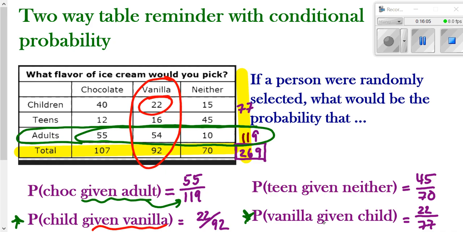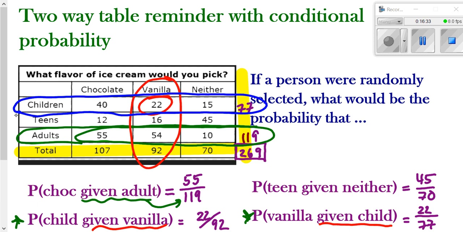This last probability says given child. So assuming you have a child, so that would be within this group, that's the 77 that are in that top row, how many of them like vanilla? It's 22. So you can see within the last two questions, a 22 is consistent, right? That is like overlay of child and vanilla, but it has to do with the total changing, right? That's the given part that had to change.